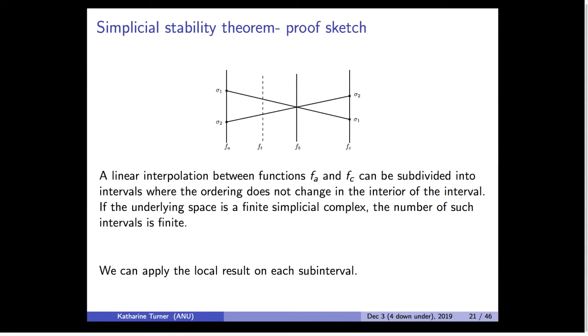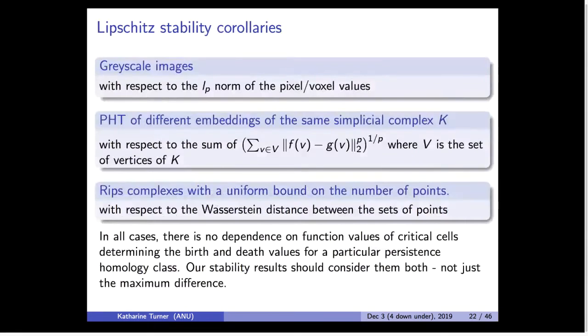So I know that this isn't really to do with P equals Q equals P versus infinity, but I thought I may as well stick in some corollaries of this while we're here. So if you have Lipschitz stability over a fixed simplicial complex, you might think this isn't particularly useful, but in fact you can massage it to a bunch of different applications, such as image analysis, or for the persistent homology transform, or for Rips complexes where you have some uniform bound on the number of points.